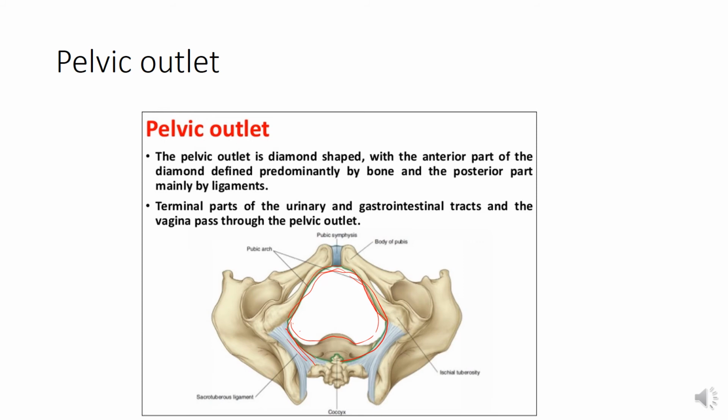Now, the terminal parts of the urinary and gastrointestinal tracts and the vagina pass through the pelvic outlet. Also, it is important in the delivery of the fetus. So the fetal head also passes through this pelvic outlet.